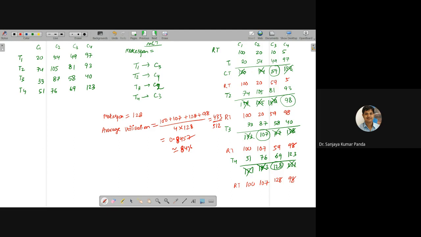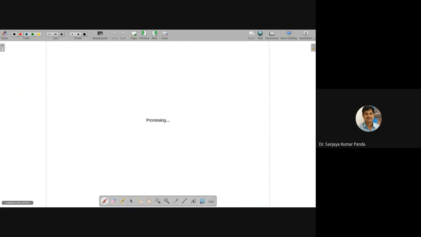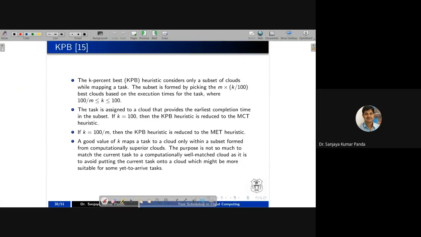So in this way, you have to solve the problems associated with the MCT. There is another algorithm called KPB. In fact, the KPB and the switching algorithm are a little bit complex.